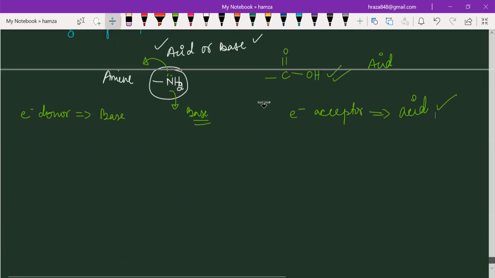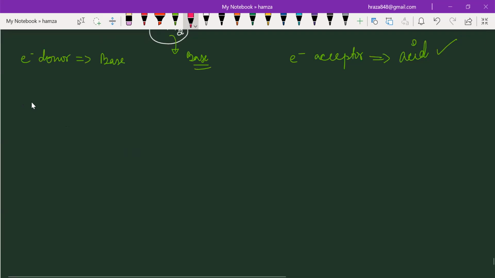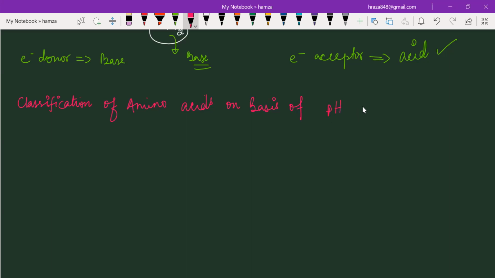The next classification is basically classification of amino acids on the basis of pH value.